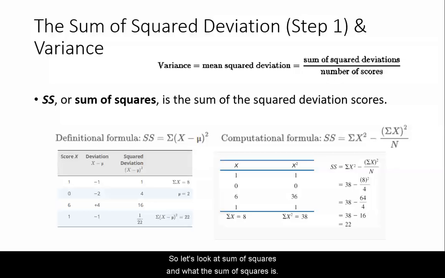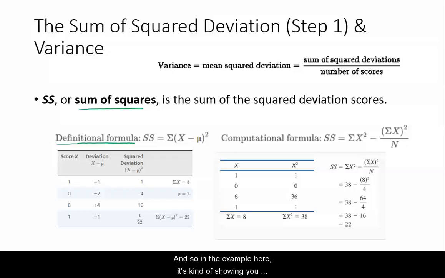So let's look at sum of squares and what the sum of squares is. Now there are two different formulas. The first formula, called the definitional formula, basically describes by definition what you are doing to create this squared deviation.